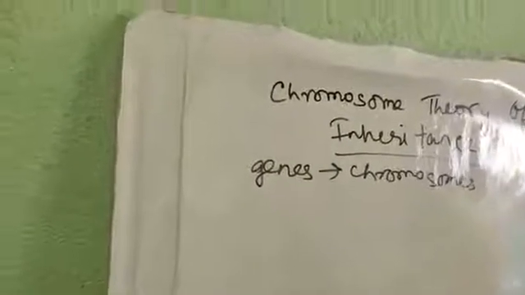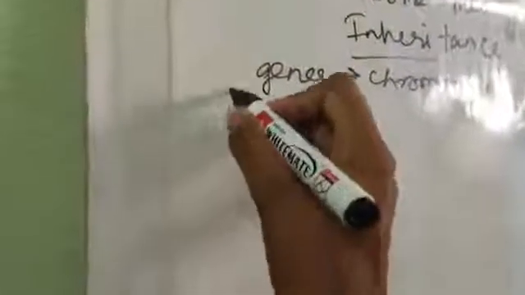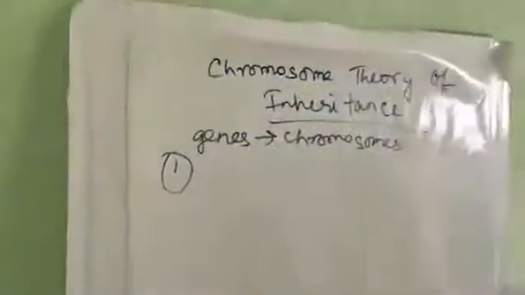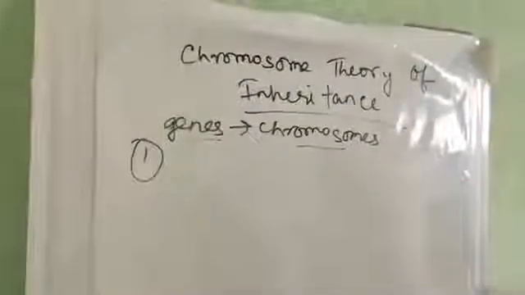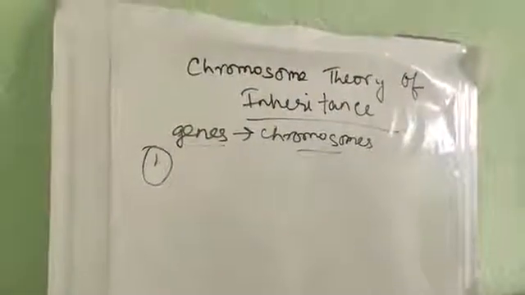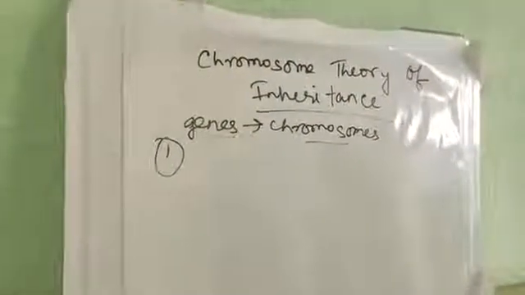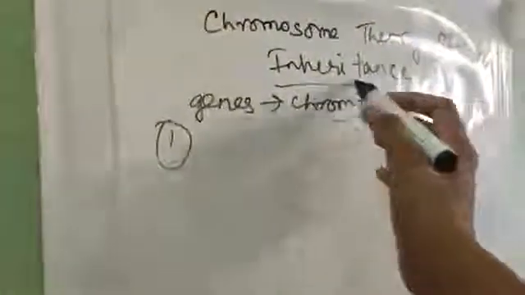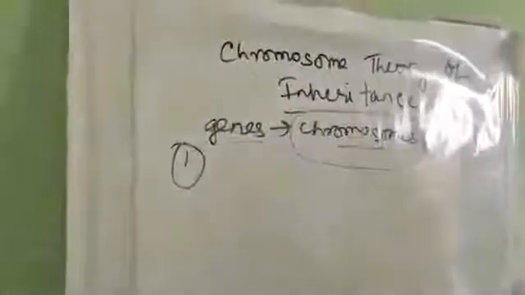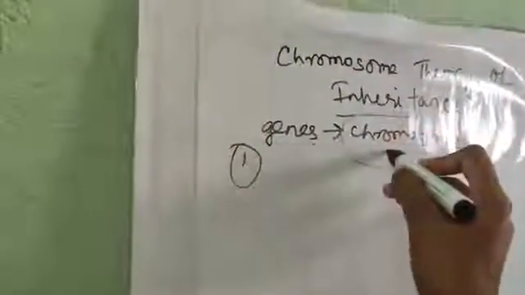Now, there are some evidences for this parallelism between gene and chromosome. There are 4 evidences. Number 1, evidences regarding what? Regarding that this gene and the chromosomes are transferred as a unit together from one generation to another. See, we cannot say that the chromosomes are being transferred from one generation to another, but the genes are not transferring, because genes are located within the chromosome.